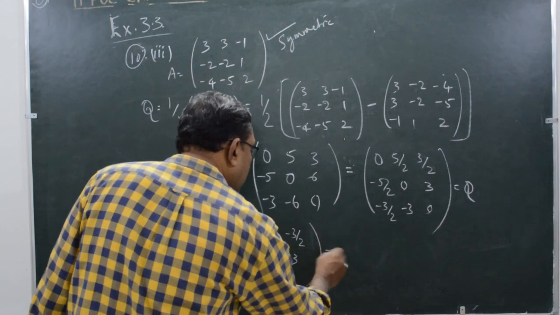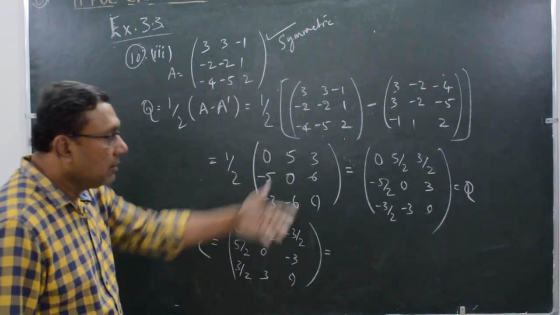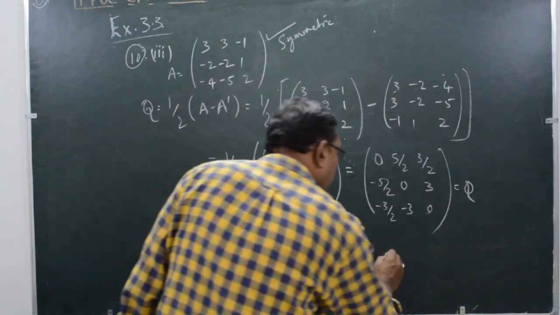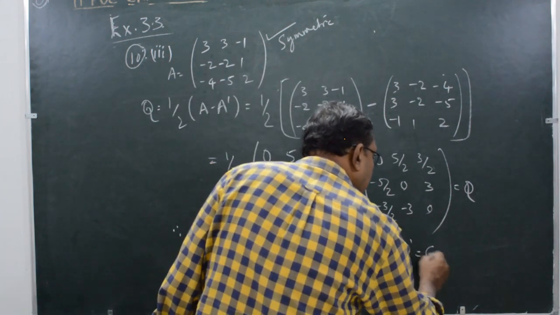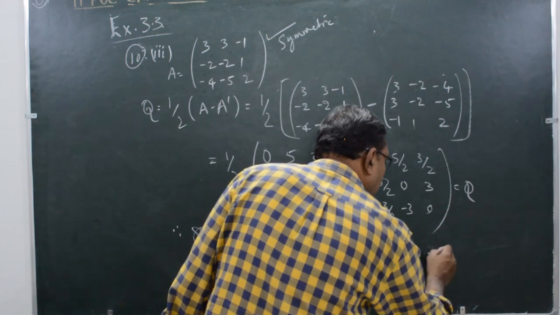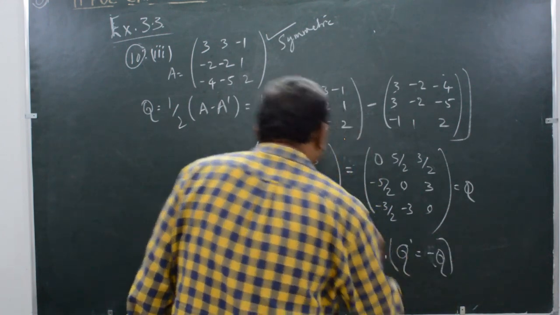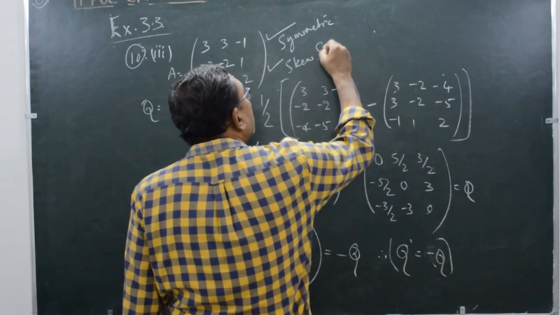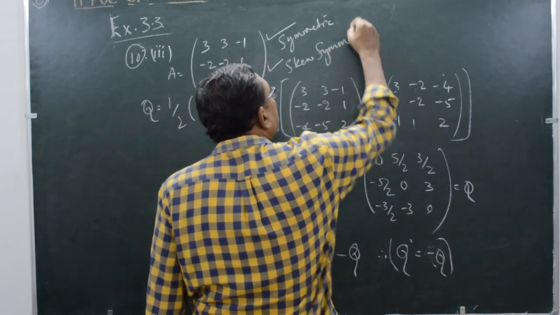This is exactly the minus of Q. Therefore, Q transpose is equal to minus Q, right? Therefore, this matrix is also skew symmetric.